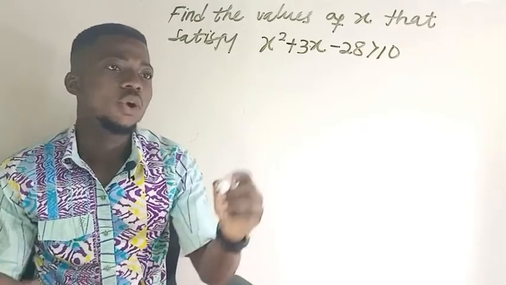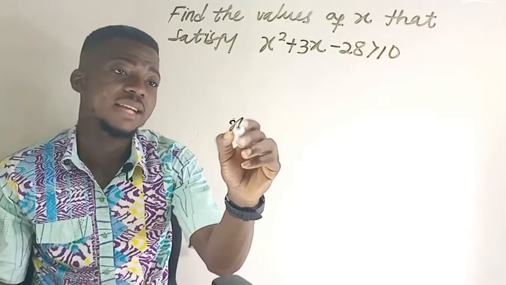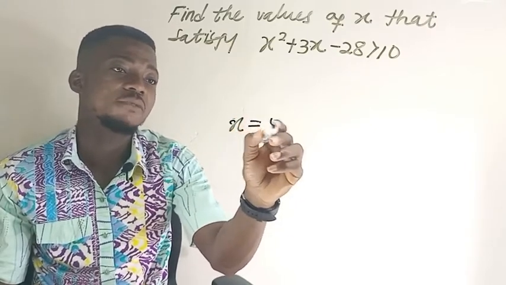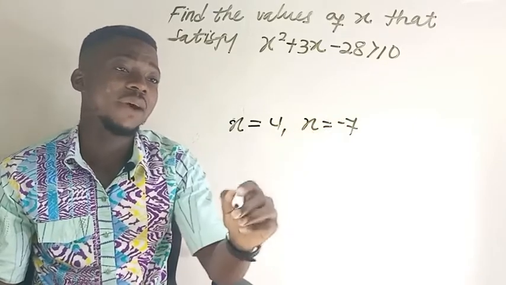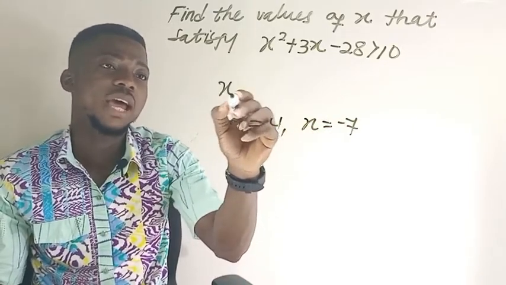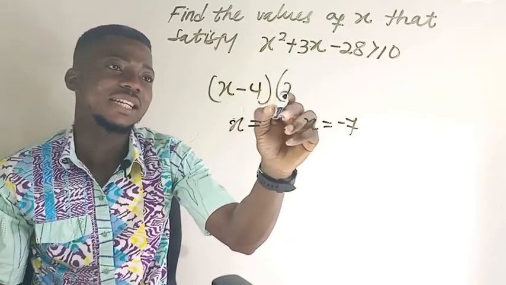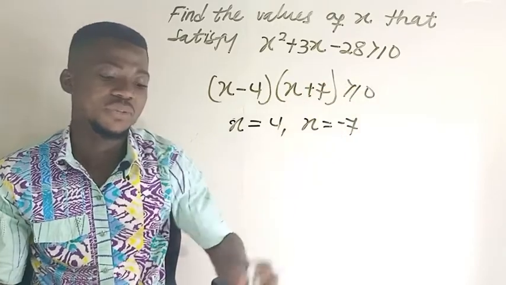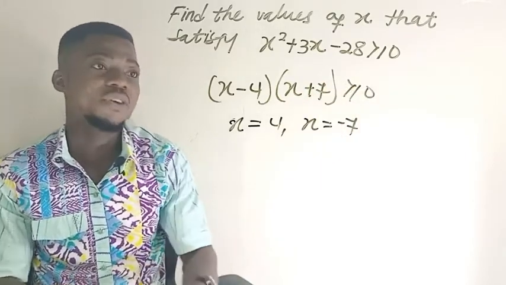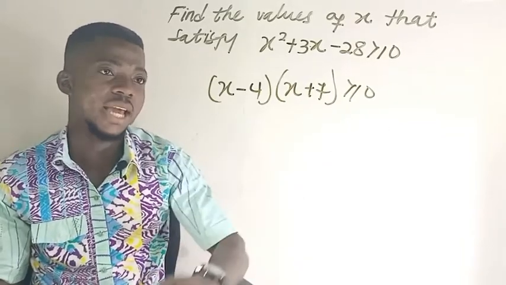So x is going to give you 4, then x is going to give you negative 7. So if I reverse it, I'm going to have (x minus 4)(x plus 7) greater than or equal to 0. That's a very quick way to get the roots.